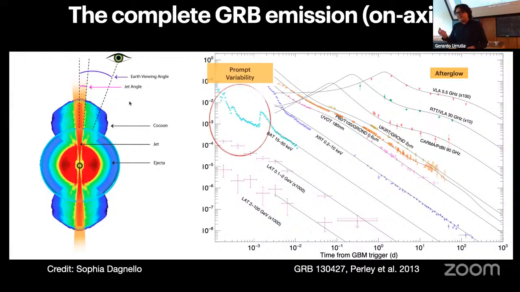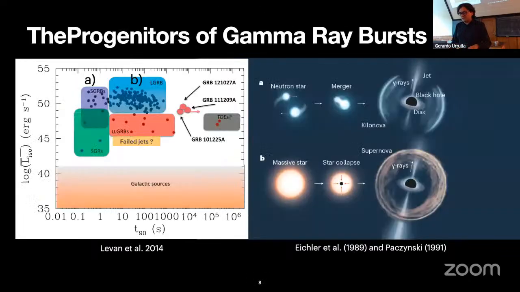So you have only a small geometrical region to access this information. If you want to know what the other regions of the jet are like, it is almost impossible. And also these events are not resolved in the sky. We have only one off-axis GRB, but from the light curves we infer the properties of the jet. But there are some questions still open.